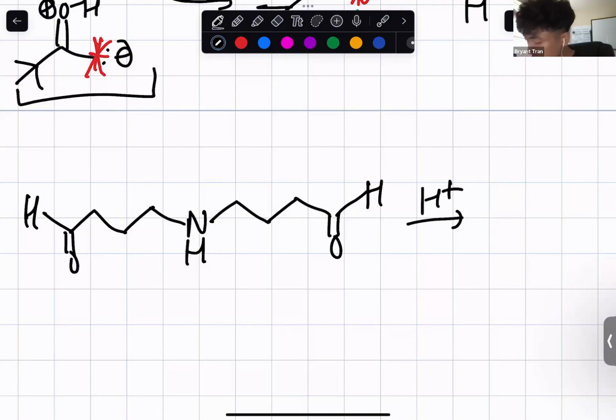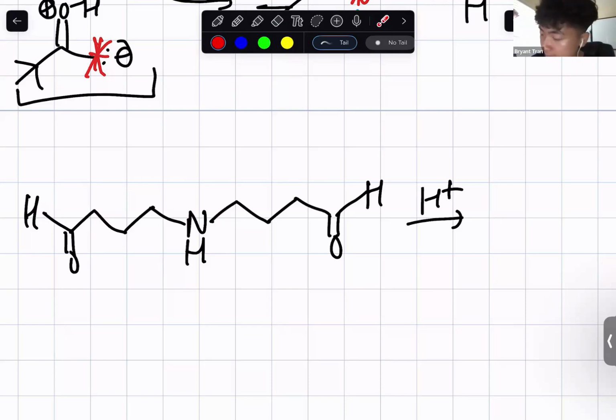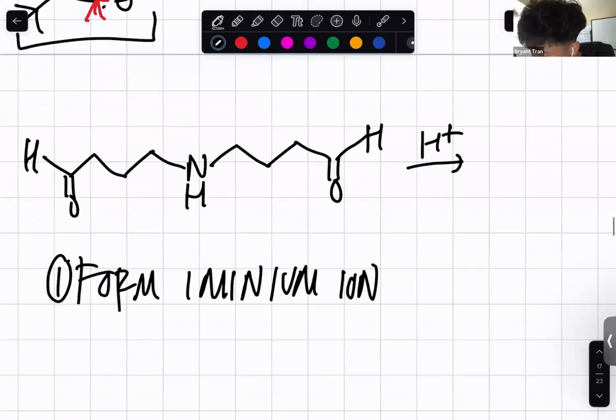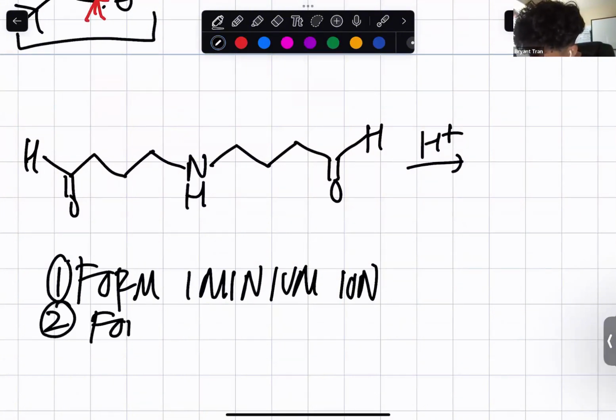Acidic conditions. Okay. So we do have an amine here, we do have an aldehyde here, and we do have an enolizable carbonyl that has 1 alpha hydrogen, right? So the first step that I would always do is form my iminium ion. The second step is form my enol.